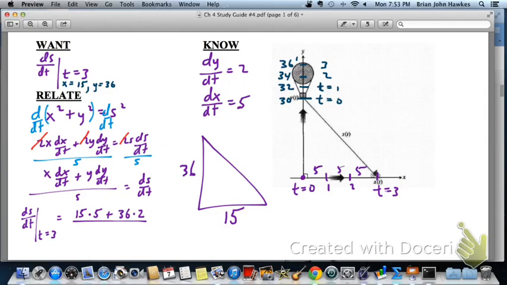Just kidding. If we divide each of these numbers by 3, 15 divided by 3 is 5, and 36 divided by 3 is 12. So we have a 5, 12, 13. And so therefore, the length of the hypotenuse is 39 at the time when x is 15, y is 36. And so we get a 39 right there.